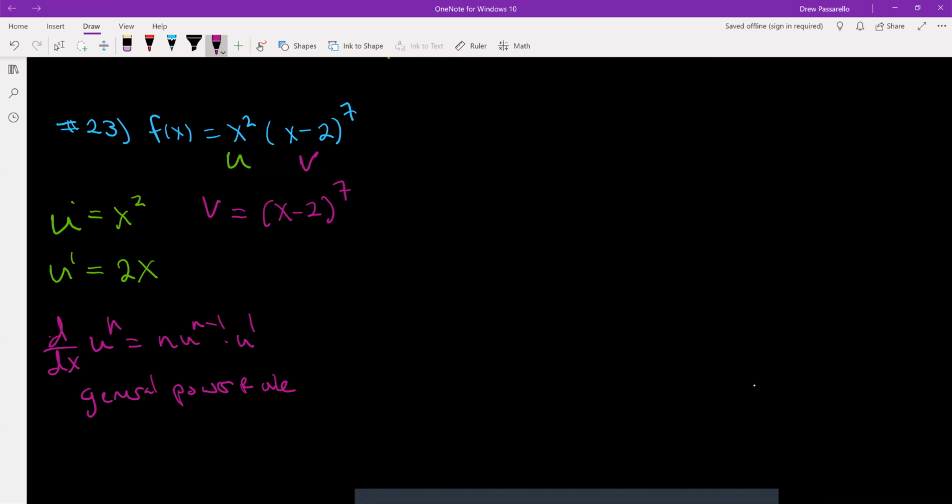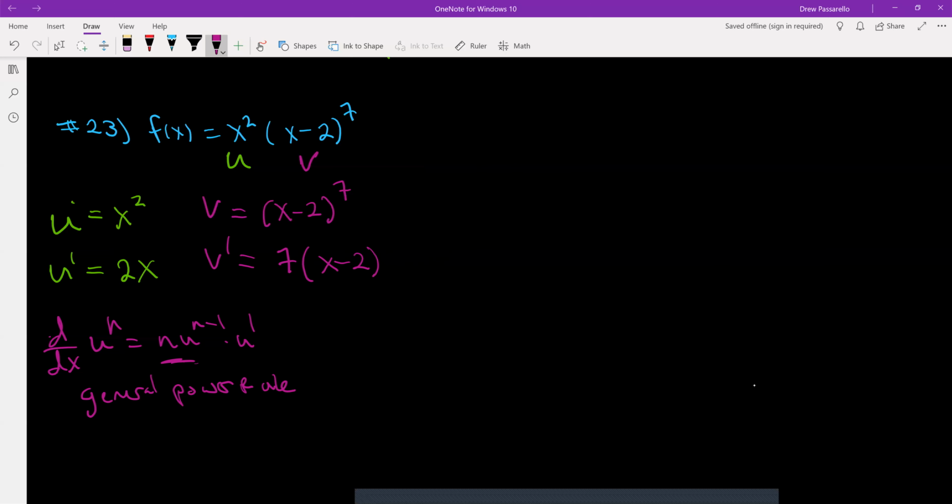So v prime, we drop down, our outside function is raising something to the 7th power. So using the power rule, you drop down the 7, and it'll be that same quantity, in this case x minus 2, raised to the 7 minus 1 power. Right, so I'm first applying the n times u to the n minus 1 part, where u in this case is x minus 2.